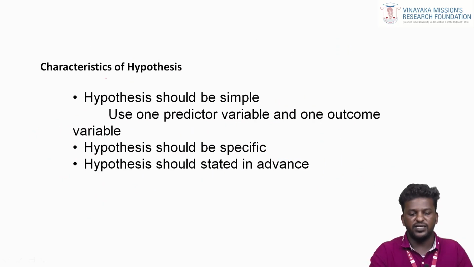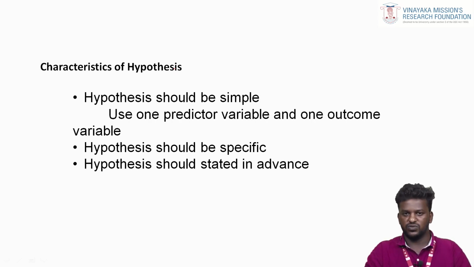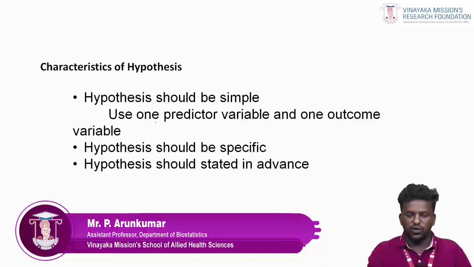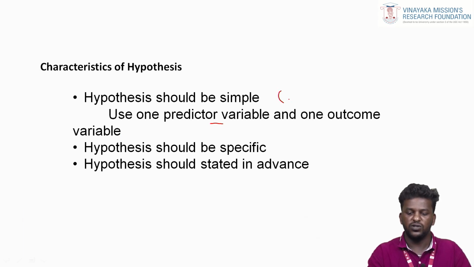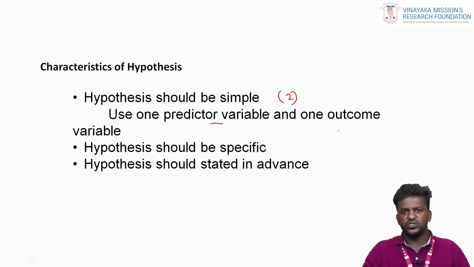Then the characteristics of the hypothesis. Hypothesis should be simple. That means it contains only one predictor variable and one outcome variable, so overall two variables. If you frame a hypothesis using more than two variables, like 3 or 4, it becomes more complex.